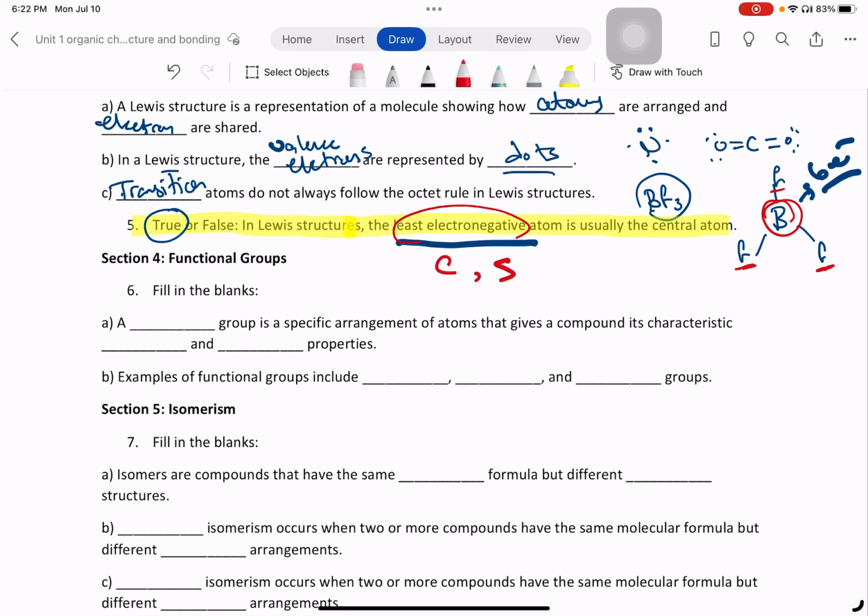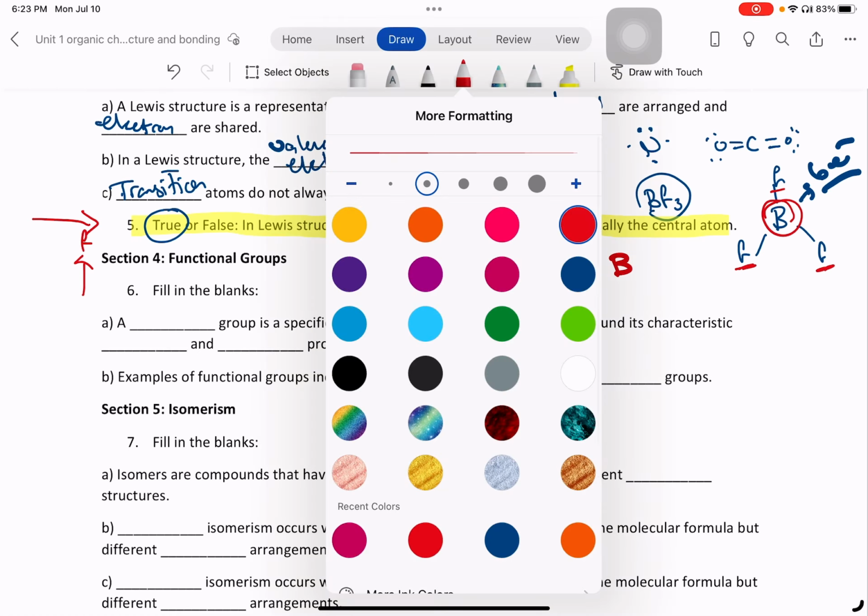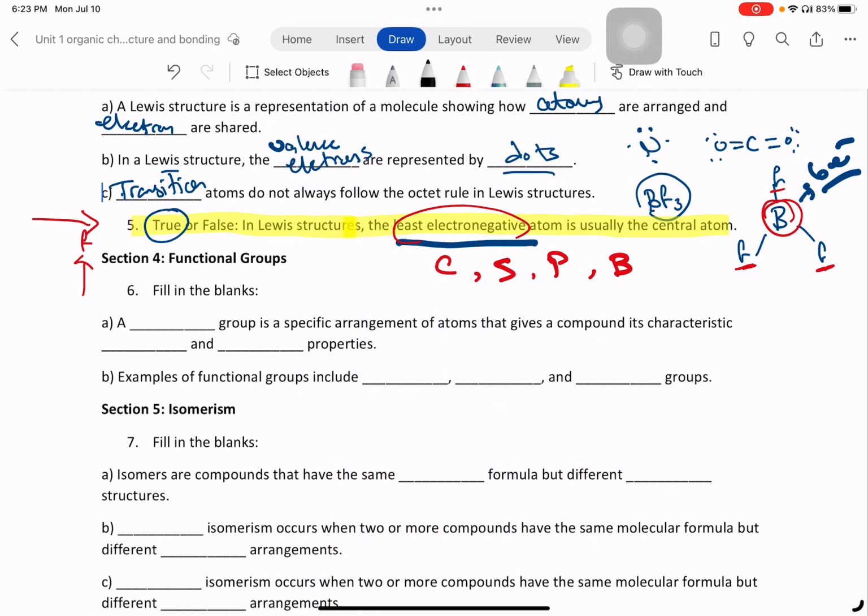Sometimes sulfur is in the middle, phosphorus sometimes in the middle, boron sometimes in the middle. And we know that electronegativity increases as you go to the right of the periodic table and up towards fluorine. So that creates this shape right over here, if you can see the periodic table, and that makes it like that.